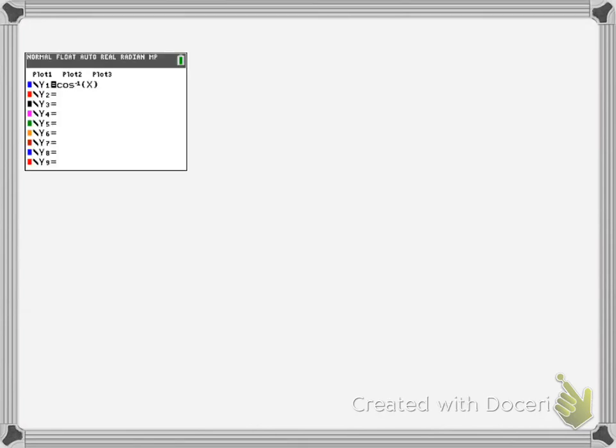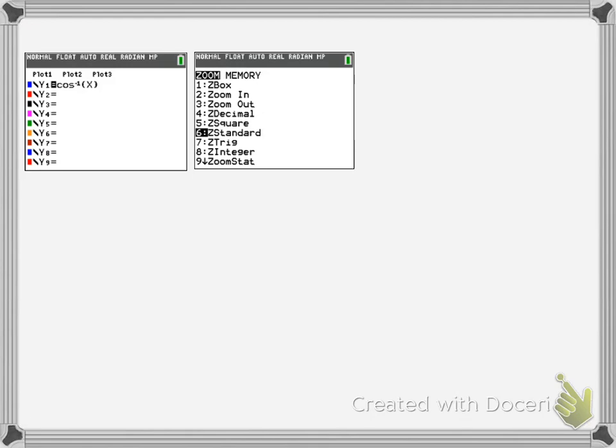So let's graph the inverse cosine or arc cosine function on our graphing calculator. What I have here is a screenshot of the TI-84, and we're going to graph the inverse cosine function. I'm going to start by graphing this using Zoom Standard. Again, that will give us our -10 to 10 in the x direction, -10 to 10 in the y direction.